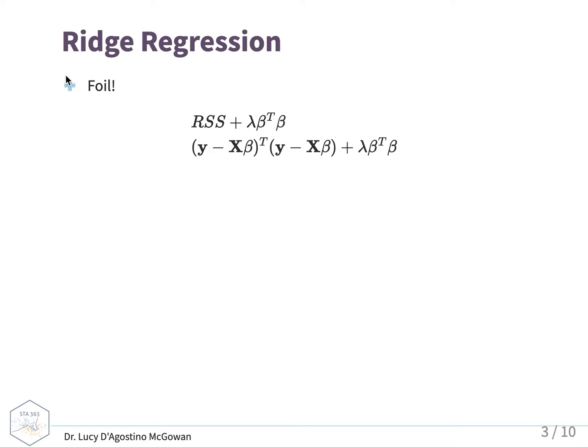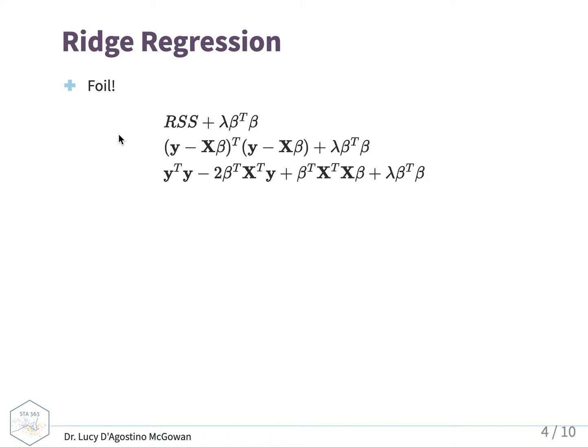The first step is to FOIL, the same as we did when we were trying to derive beta in the least squares or linear regression case. So let's go ahead and do that foiling. I get y transpose y, because this transpose gets distributed to this y, and then I multiply that by the y. That's the F in FOIL, the first. Then the next is, well, the outer, that's going to be this one and this one.